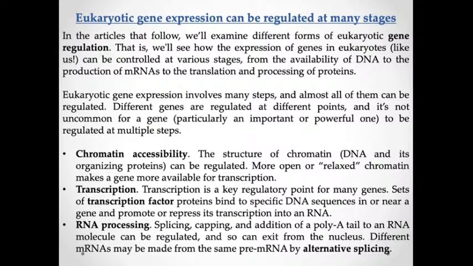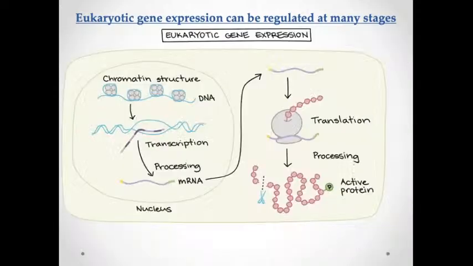RNA processing, splicing, capping, and addition of a poly A tail to an RNA molecule can be regulated, as can exit from the nucleus, and this could lead to different mRNAs from the same pre-mRNA by alternative splicing. So this is how eukaryotic gene expression works. You have a chromatin structure; the chromatin is opened and the histones are removed.